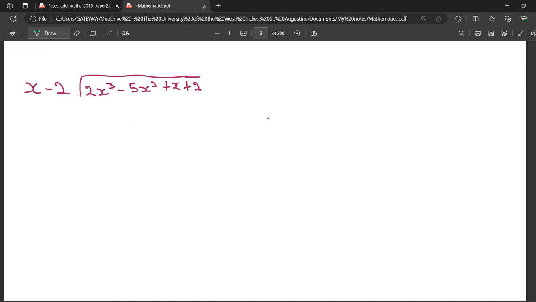So we can say the first term inside here, which is the 2x cubed, I'm going to put it here. 2x cubed divided by x will simply give 2x to the power of 2. Because x cubed divided by x to the power 1, you subtract the powers, 3 minus 1 is 2, x to the power 2, and the 2 in front of x cubed will remain unchanged there.